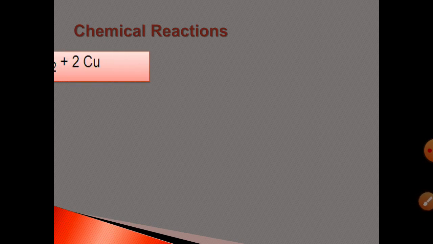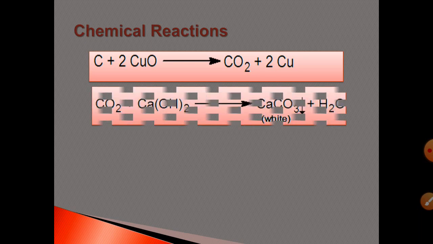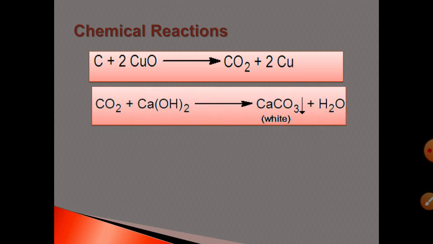The overall reactions in this process are: carbon reacts with cupric oxide and is converted into carbon dioxide. Carbon dioxide reacts with lime water and turns it milky. A white precipitate is formed when the lime water reacts with carbon dioxide.